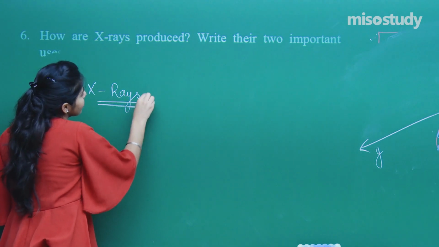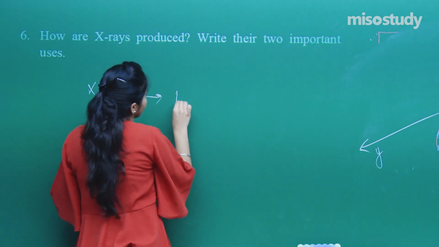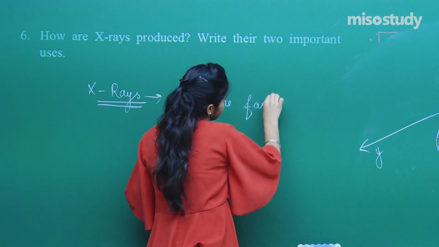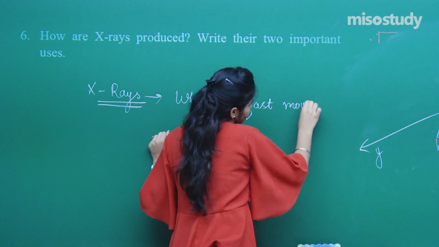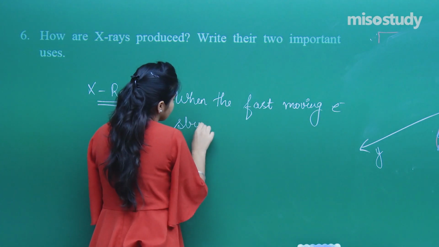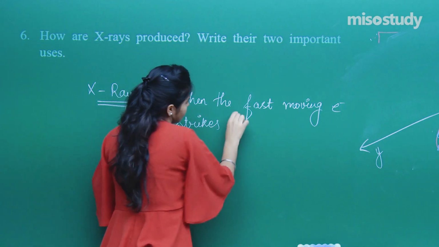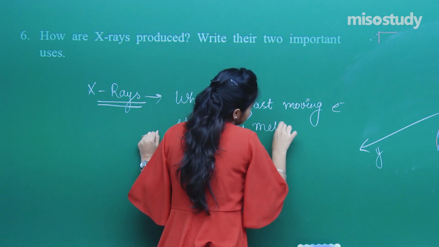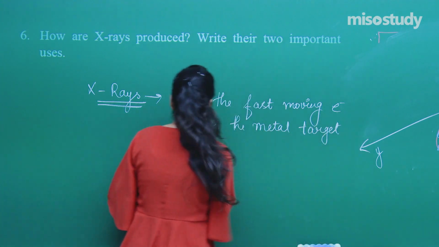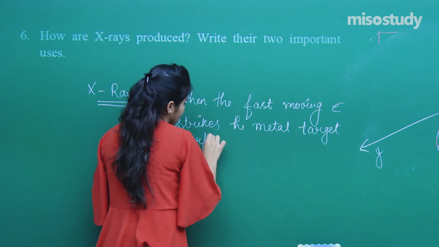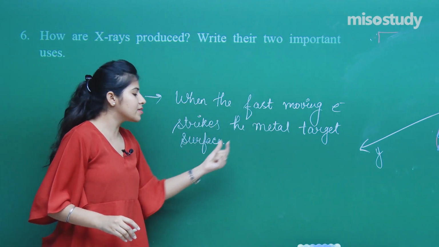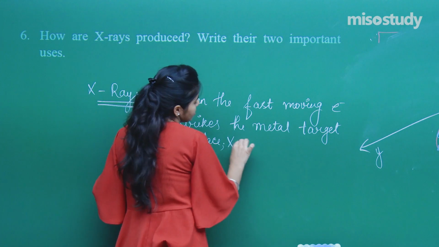I told you that X-rays are produced when a fast moving electron strikes the metal target surface.